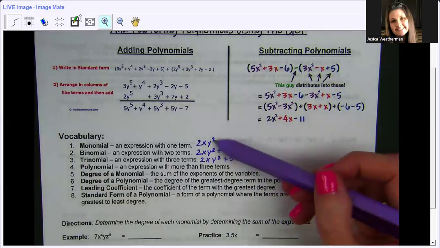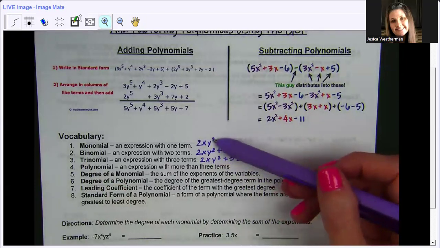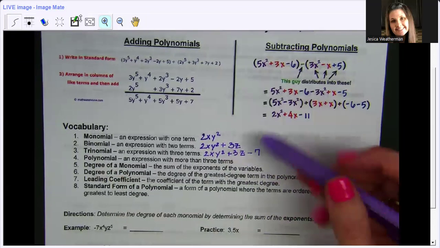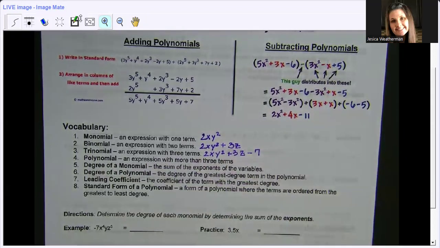So if I have a monomial that looks like this, I would add up all my exponents, and that value is the degree of the monomial. But when you have more than one term, so if you have a binomial or greater, you take the term that has the greatest degree, and that would be the degree of the entire polynomial.